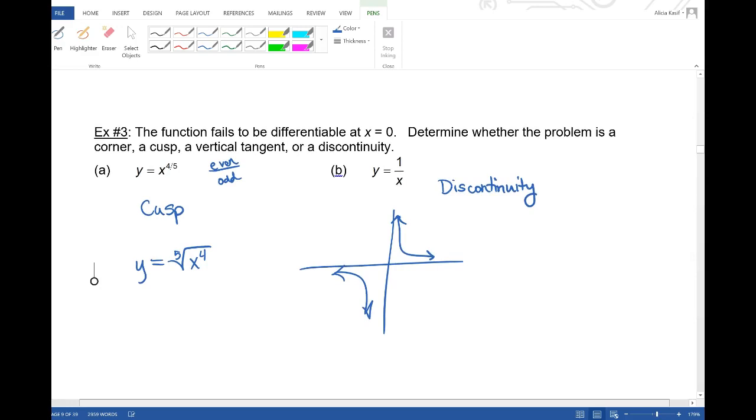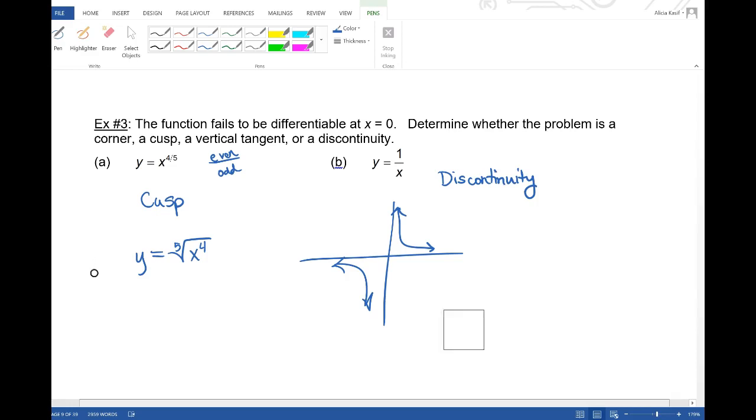You just have to be able to recognize, if I give it to you in the root form, that these imply the same thing. I'm just confused because the vertical tangent has an odd root too. Oh, just odd roots with just x to the first. Yeah, no other power.